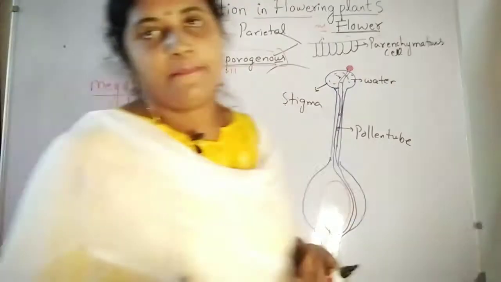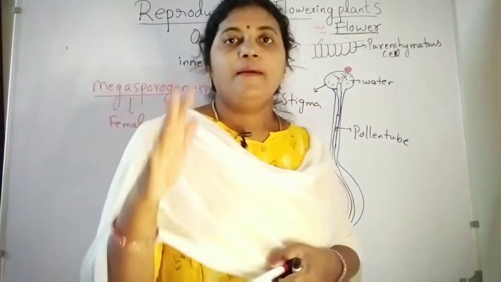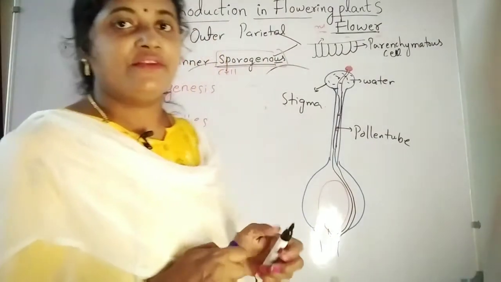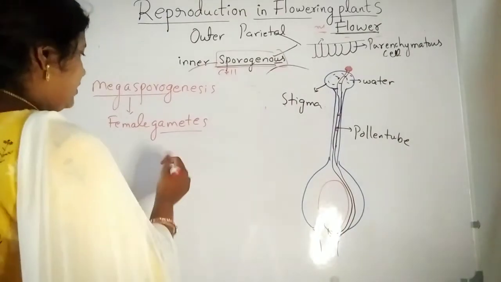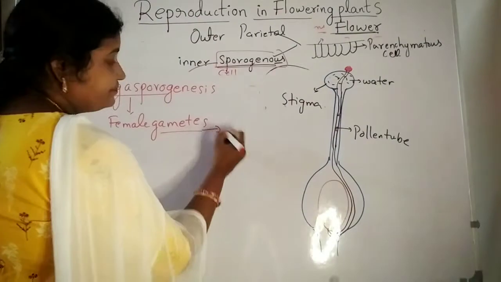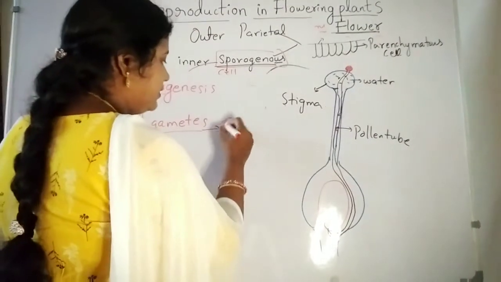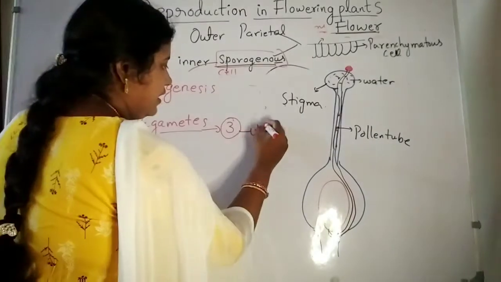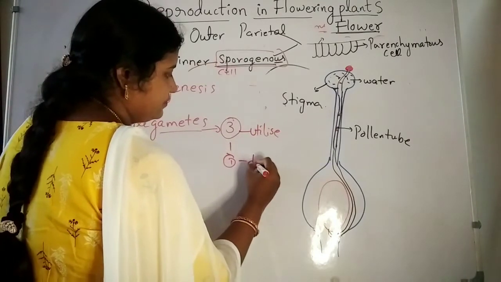So female gametes or male gametes both are going to be involved in the meiotic division, the reduction division, haploid division, and then only they are able to form the gametes. Of these female gametes, three are going to be utilized, and one is going to degenerate.